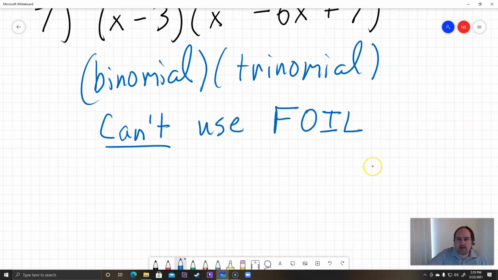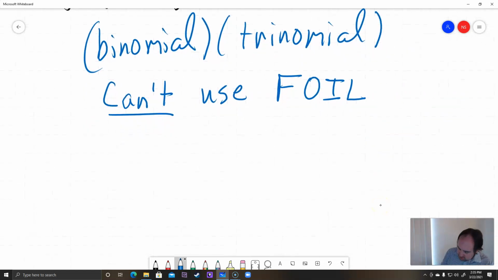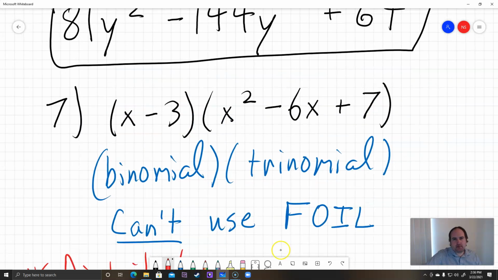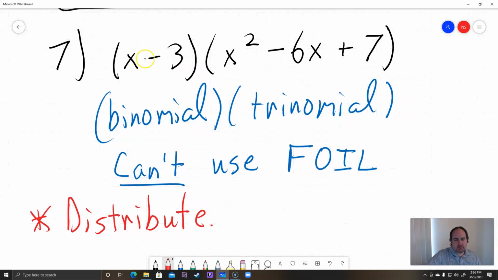Okay, so since we can't use FOIL, the way I'm going to teach it is we distribute. Now when I say distribute, it's a little bit tricky because we actually have x minus 3, it has 2 terms.